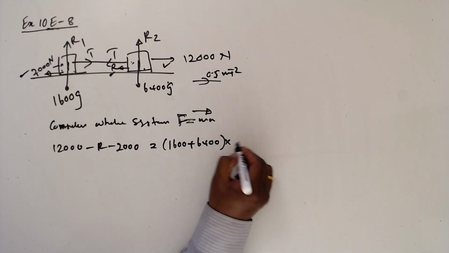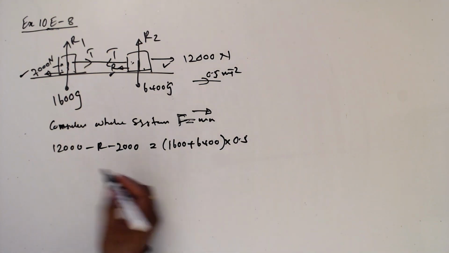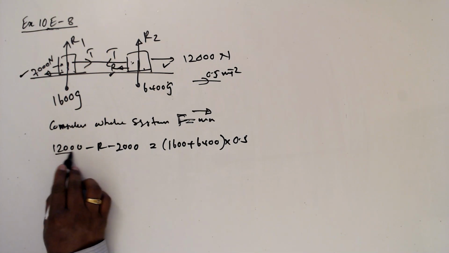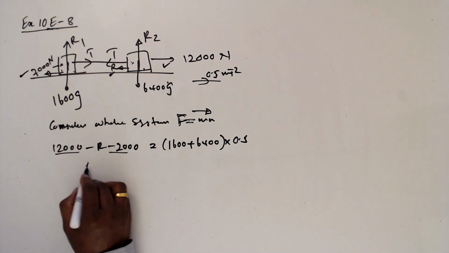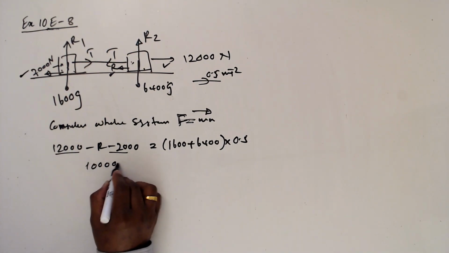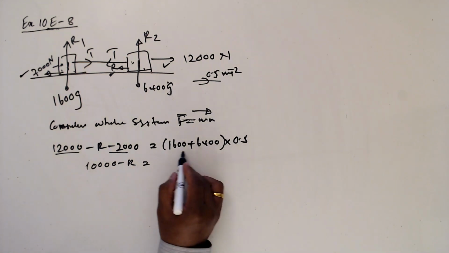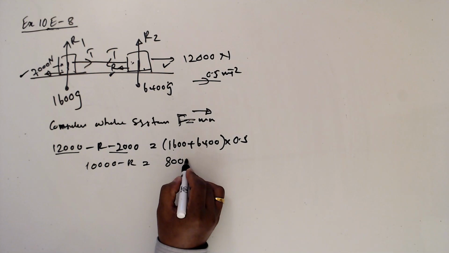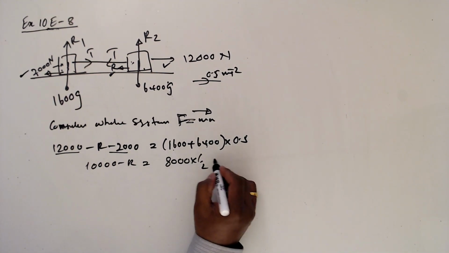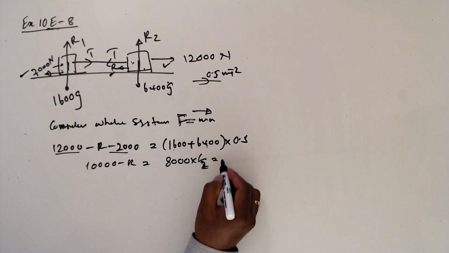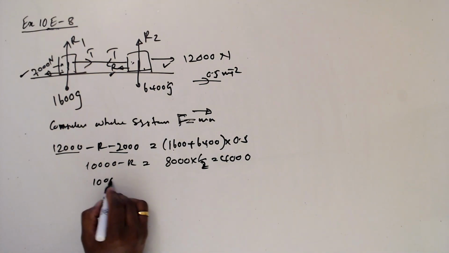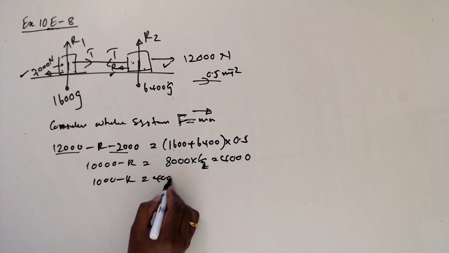6400 plus 1600, that is 8,000, times 0.5. Then this is going to be 12,000 minus 2000, 10,000 minus R equals 8,000 times half, which means 4,000.